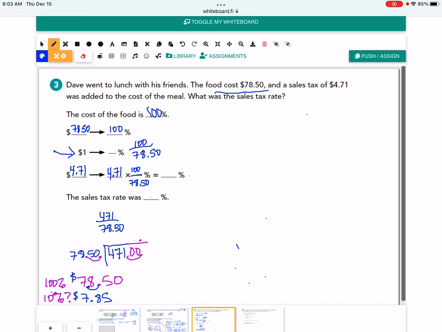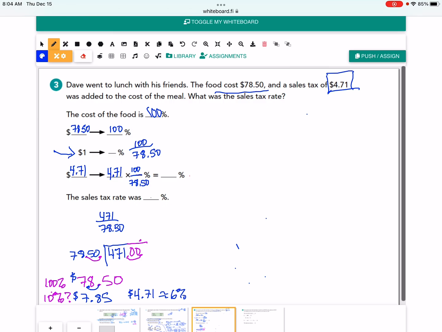But we see that the sales tax was $4.71. Well, $7.85 is about 8, right? It's close to 8. Half of 8 is $4, and this tax is more than $4. So I am going to guess that $4.71 is about 6%.